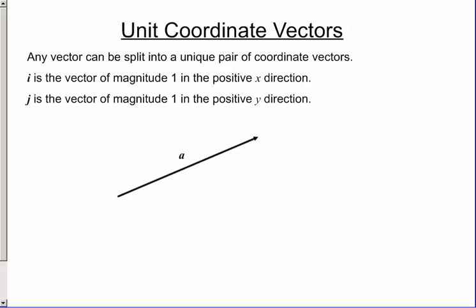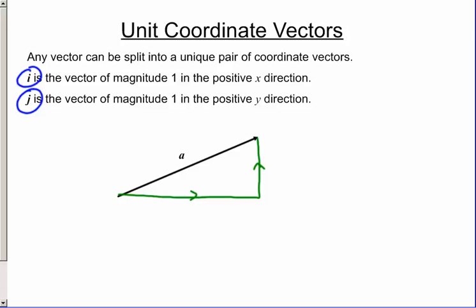These are called the unit coordinate vectors, and any vector can be split into a unique pair of coordinate vectors. So for this vector here, we can split it into the horizontal and the vertical. We have a horizontal vector and a vertical vector, and these are called i and j.